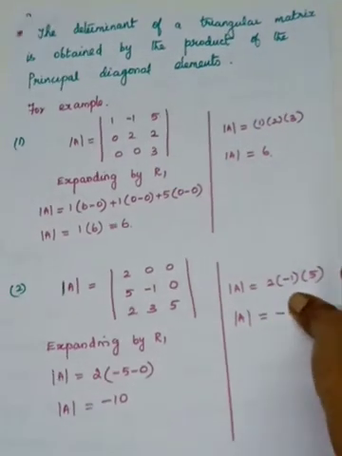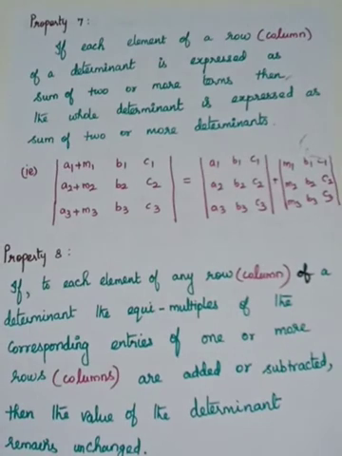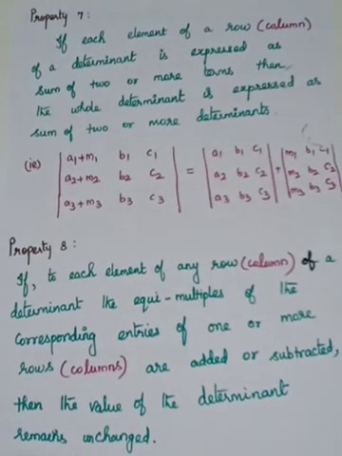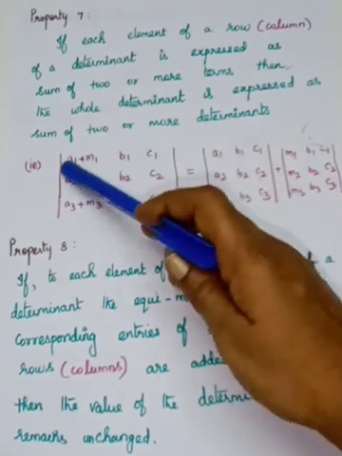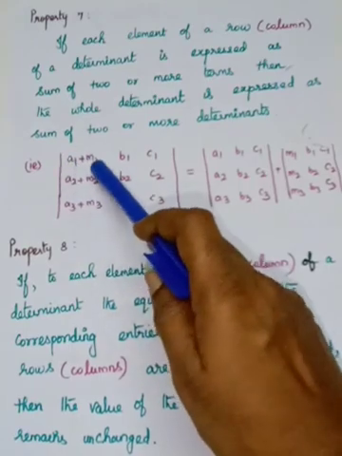So next we are moving to property 7. If each element of a row of a determinant is expressed as the sum of 2 or more terms, then the whole determinant is expressed as the sum of 2 or more determinants. You see that in the determinant, we'll consider the first column. So the first column is written as the sum of 2 terms.